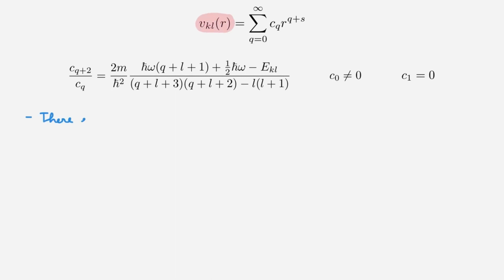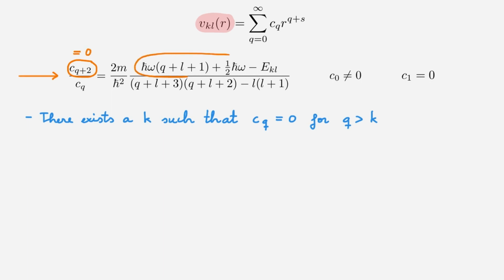There must exist some value k such that c_q is equal to 0 for all q larger than k. Looking at the recurrence relation up here, we see that the c_{q+2} expansion coefficient will be 0 if the numerator here is equal to 0.